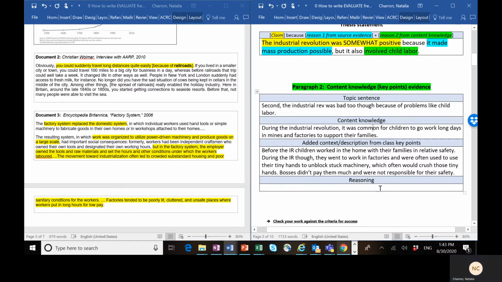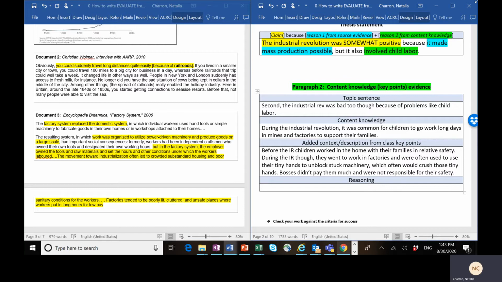So what was bad about child labor? It sounds pretty self-explanatory, and yet we need you to add information here in order to give you a whole other point. So even though it seems like child labor is obviously bad, you need to find a way to teach me about why it's bad.